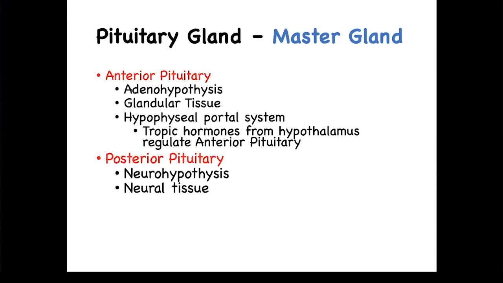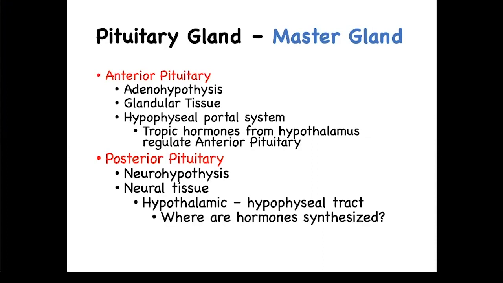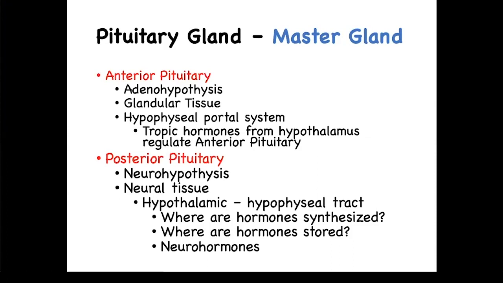The axons, or fibers, make up a hypothalamic hypophyseal tract. This tract moves through the infundibulum. Therefore, the posterior pituitary hormones are synthesized in the hypothalamus but are stored within the posterior pituitary. Action potentials trigger the release of these hormones. Because they are released by neurons, they are called neural hormones.